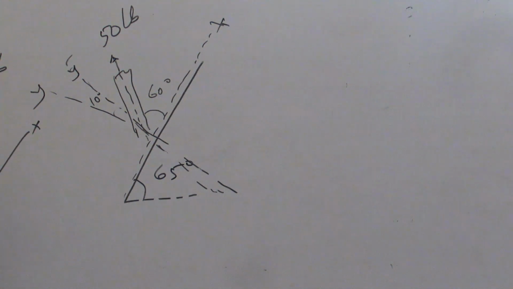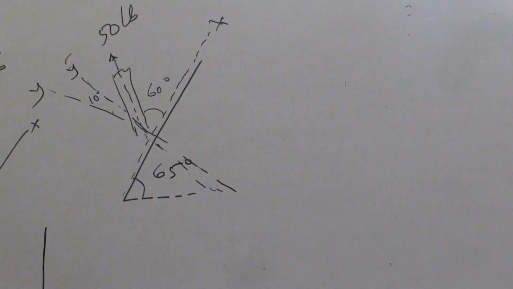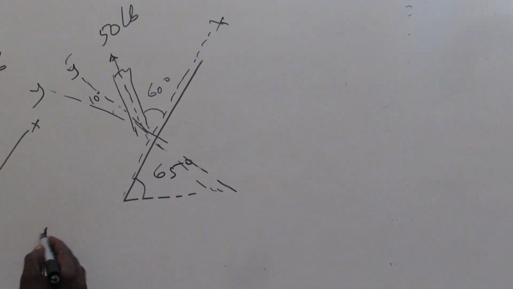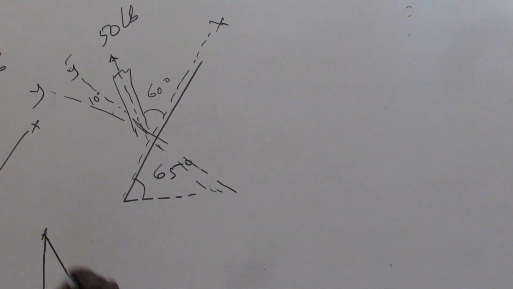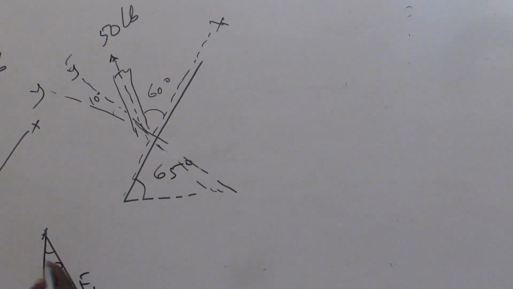And then here is our FY direction. Write the free body diagram this way, which is 60. We have our FX here, and our FY here. Yes, 80 degrees.